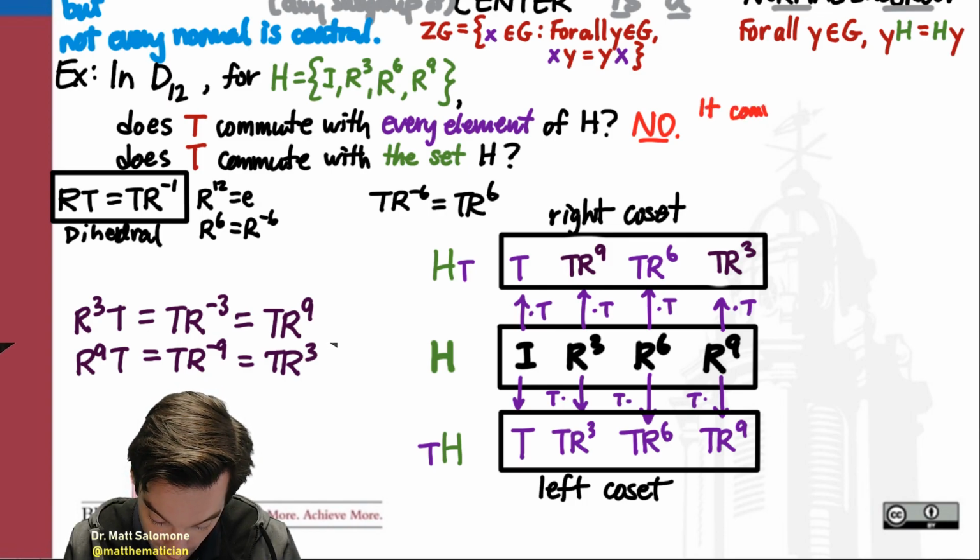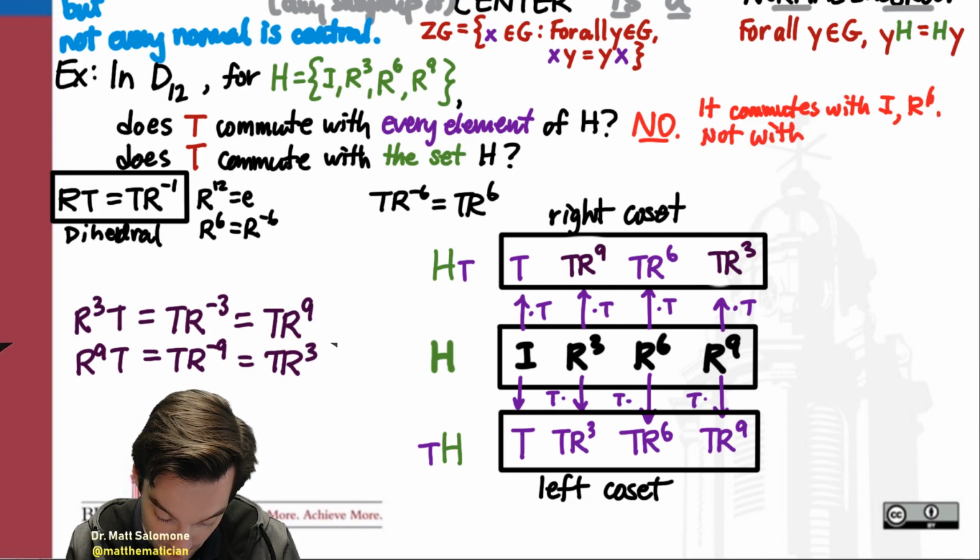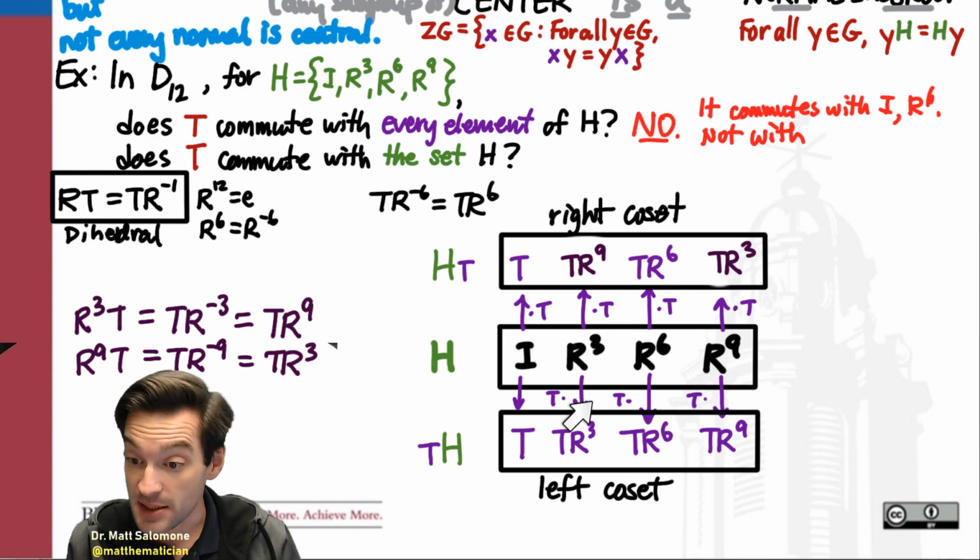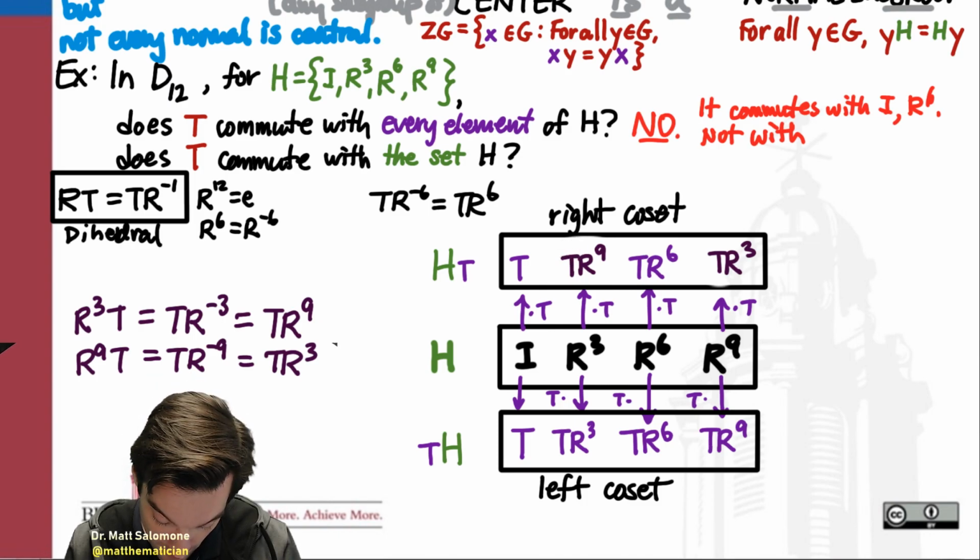So we'll spell that out here. It commutes with I and with R to the 6th, but not with the other 2 elements, because T times R to the 3rd is not the same element as R to the 3rd times T. Just to drive home my point here, I'll highlight that's the discrepancy that I'm looking at: an element by element discrepancy.